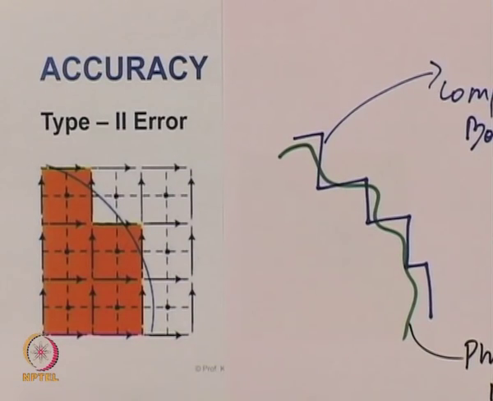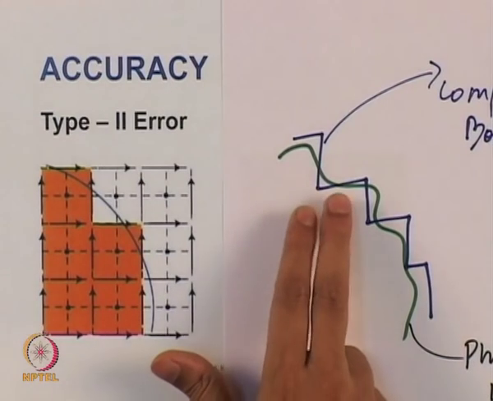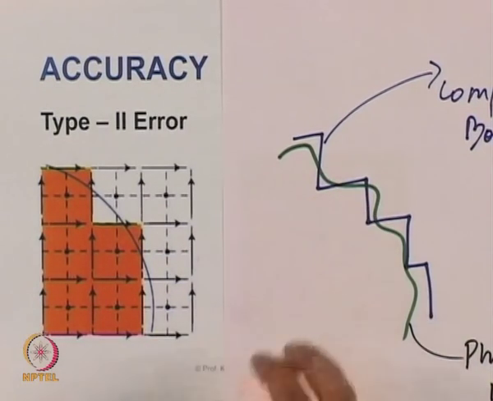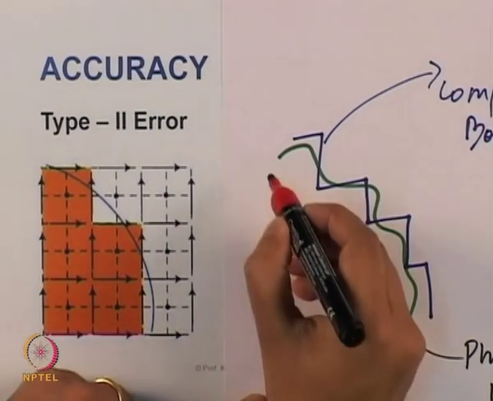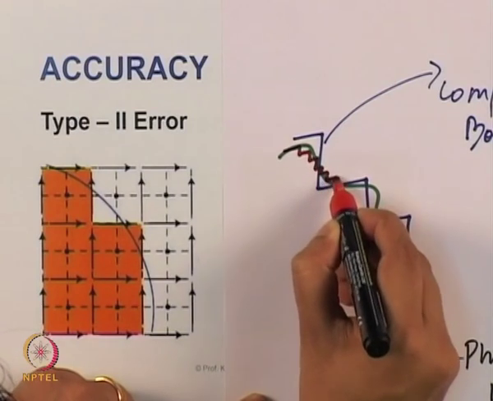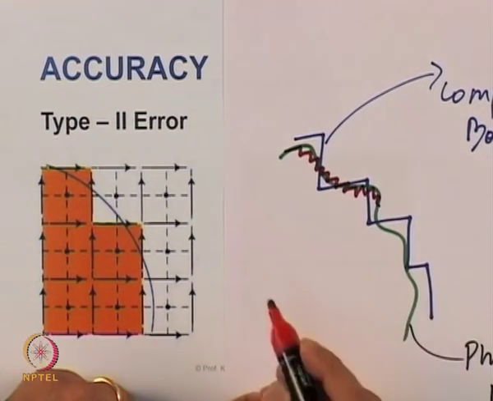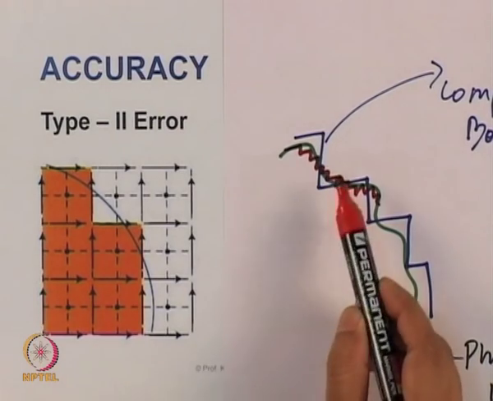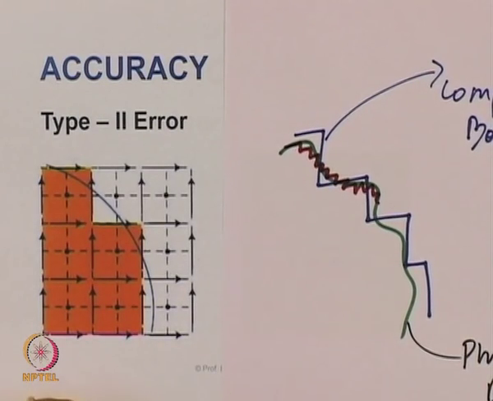We already acknowledged that for methods using finite differencing, this is a well-known and well-acknowledged source of error. The idea is to make these step sizes so small that you can replicate the real boundary closely, almost getting as close as the physical boundary.